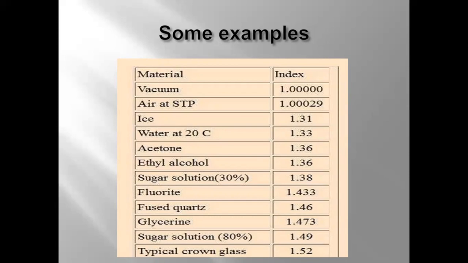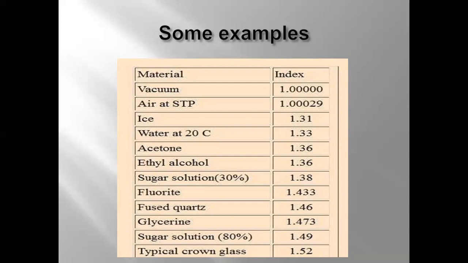For ice, it is 1.31. For water at 20 degrees Celsius, it's 1.33. For acetone, 1.36. For ethyl alcohol, which includes your wine and different beverages, it has an average index of refraction of 1.36.